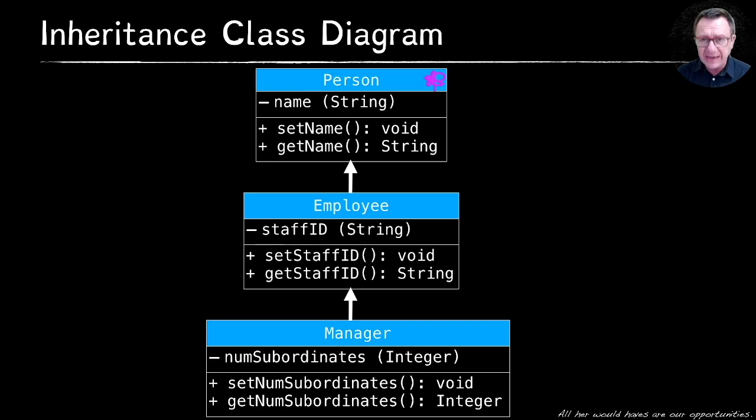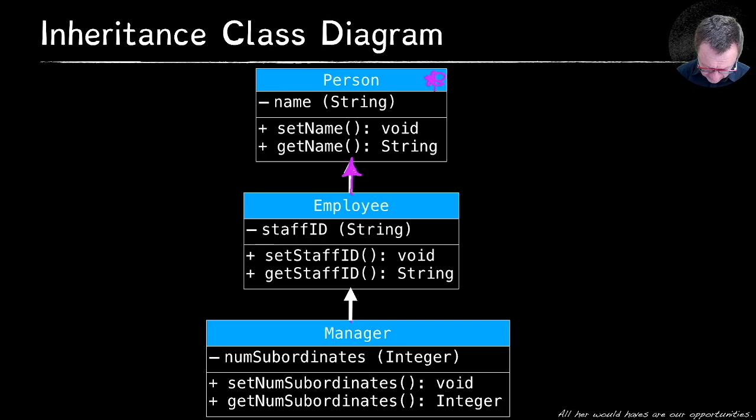Then we have an employee, which if you recall is a type of person. It inherits from person, and we can see that here with that arrow. And now we add to it staff ID.